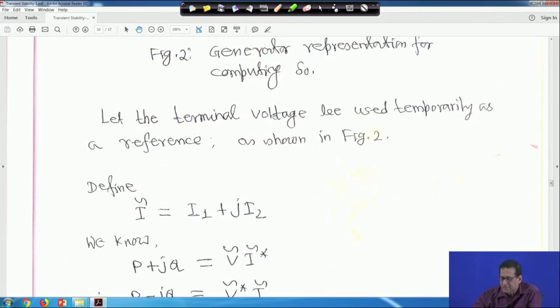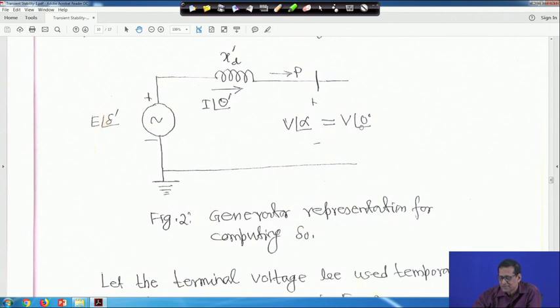Now, let the terminal voltage be used temporarily as a reference. I told you V angle 0 as shown in figure 2, but let me tell you that it is a reference. If you shift the reference to V angle, this alpha has to be subtracted. Meaning is very simple.